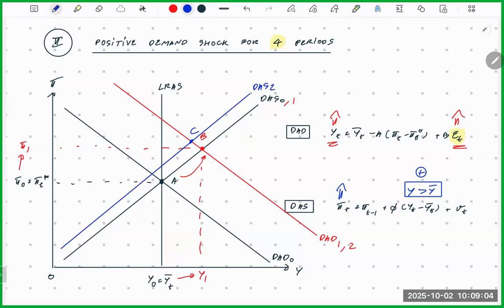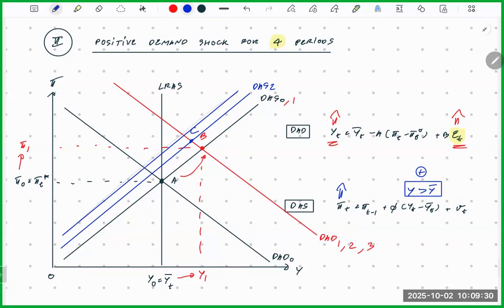Day 3, still in a long holiday. People still overspending. Dynamic aggregate demand is still here at day 3. At equilibrium point C, Y is still greater than Y bar. The economy is still very good, right? From DAS, right-hand side still increasing, left-hand side also increasing. Everything becomes more expensive.